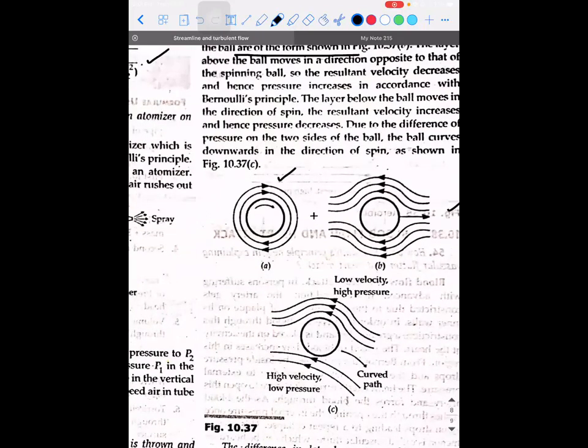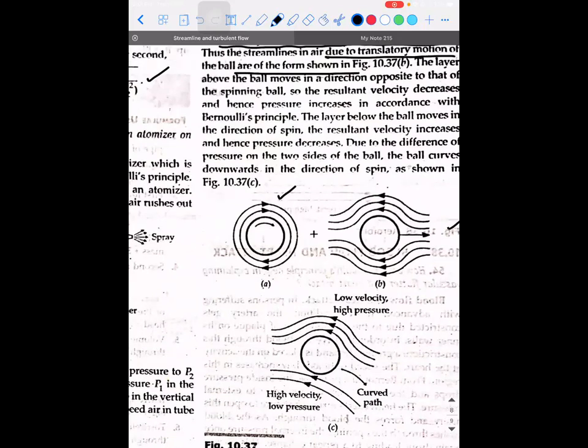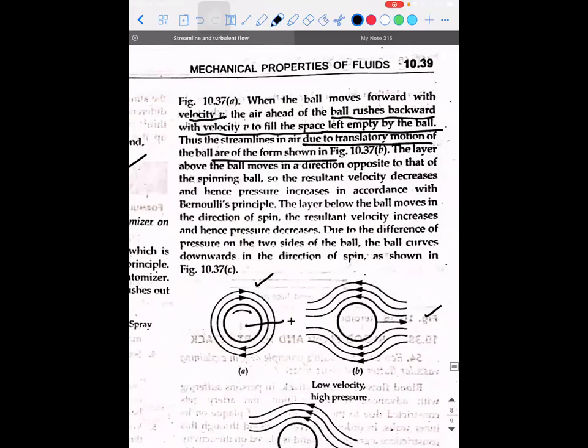When the ball is also moving forward with the velocity v, the air ahead of the ball, so air on the top of the ball, rushes backwards with the velocity v to fill the space left empty by the ball. As a result, a streamline like this is followed. Okay.